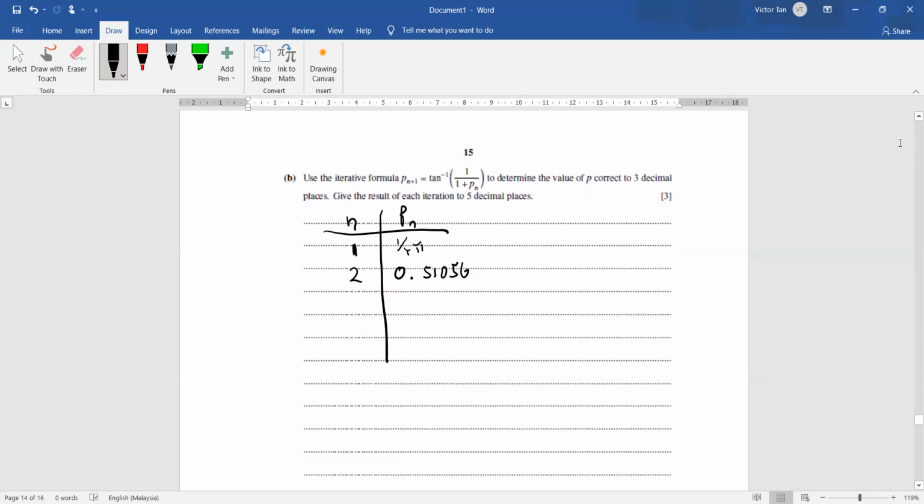Remember to use a calculator to the fullest. Next iteration, 0.58477. The next iteration is 0.56291. Next iteration is 0.56919.